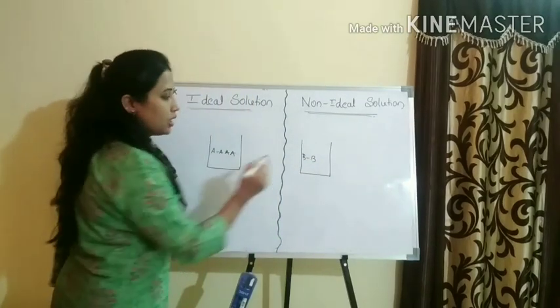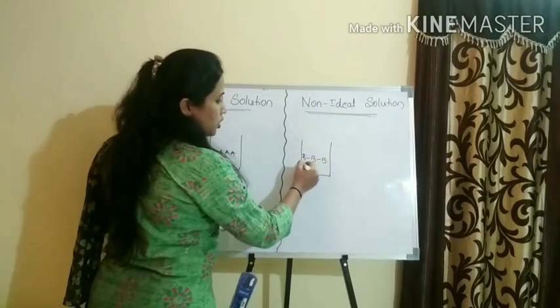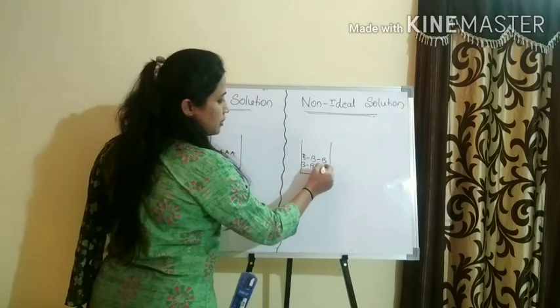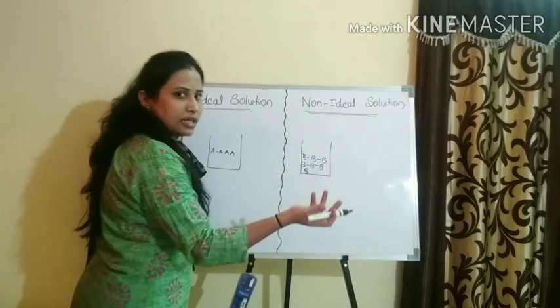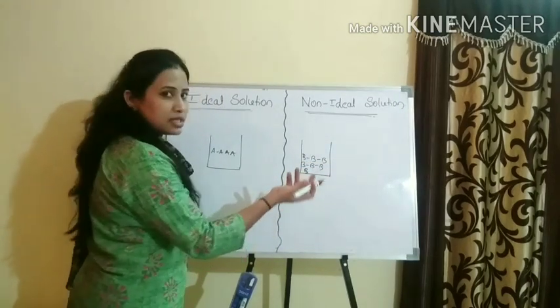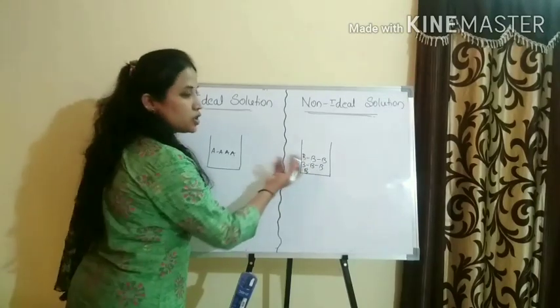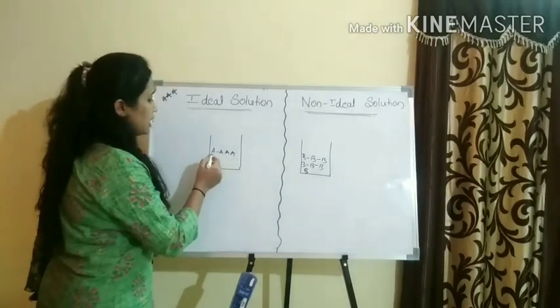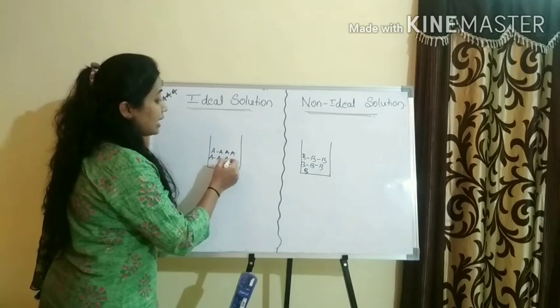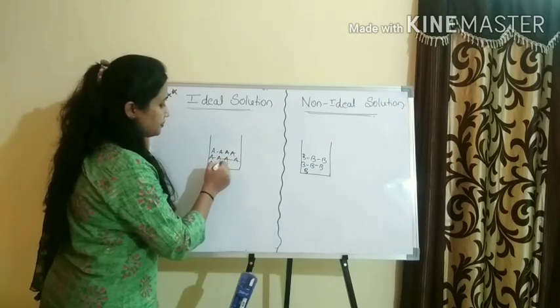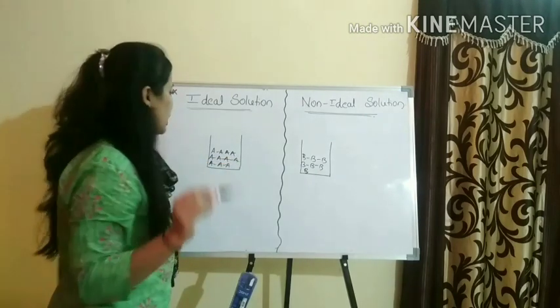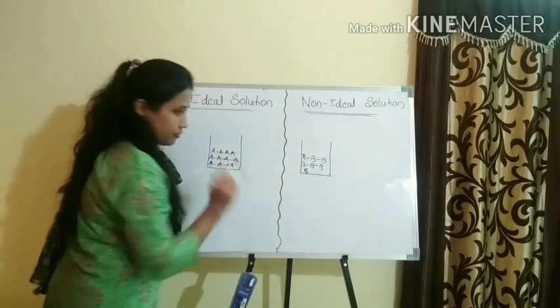All the B molecules of the solvent B are attracted to each other, because a force of attraction exists between the same molecules. Similarly, the AA interaction will be there. Agree?